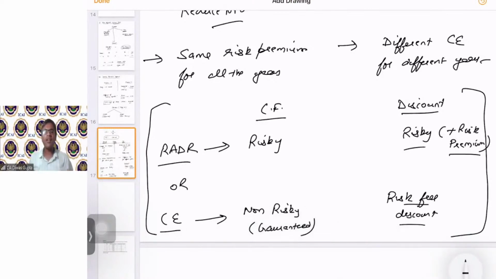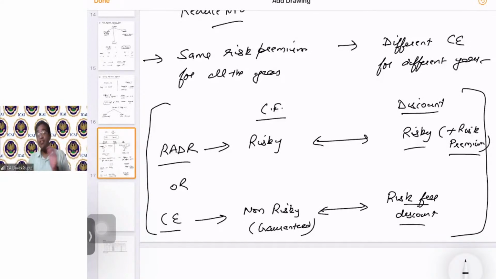So what we are saying is, if we have to apply RADR or the certainty equivalent method, you have to be consistent in what you are using in the numerator as well as in the denominator. You can't say that in the numerator you take a risky cash flow, but in the denominator you are taking a riskless, or let's say risk-free discount rate. That is not right. So these combinations are just given to clarify, because the question will confuse you.